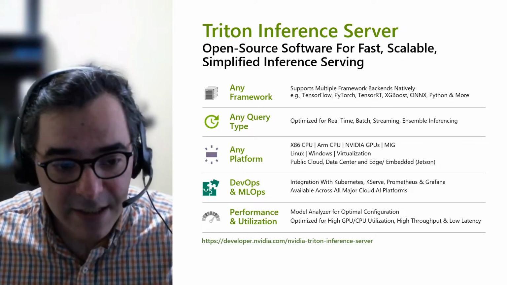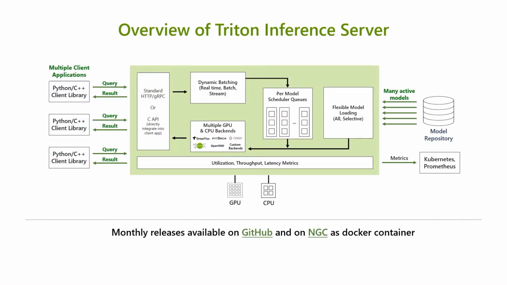In the next slide, I'm showing the architectural overview of Triton Inference Server. The server part is the big green rectangle at the center of the slide. On the left, we have clients making inference requests to the server.